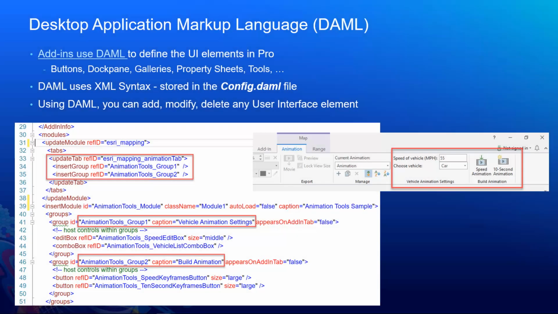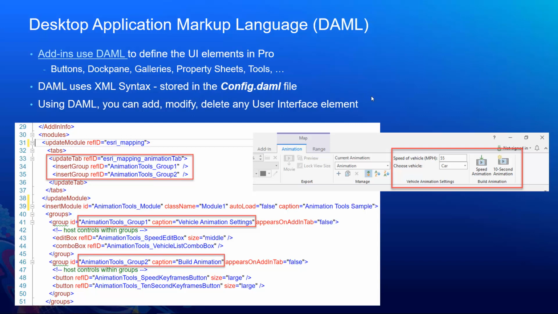On the user interface, there is the Desktop Application Markup Language, or DAML, as we like to call it. And add-ins use DAML to define all of these different UI elements in Pro. And as you saw with that gallery example, there are many different files that are going to be part of your solution, but it's the config.daml file that is going to contain this XML type syntax for storing and creating this.